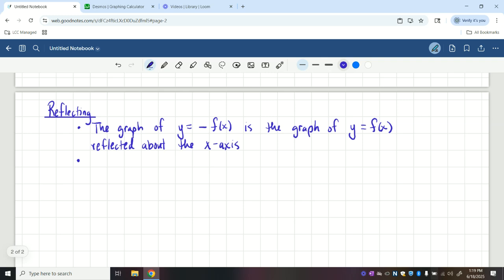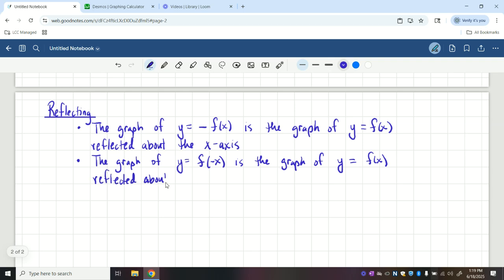Okay, then if I replace the x with a negative x, the graph of y equals f of negative x is the graph of y equals f of x reflected about the y-axis.